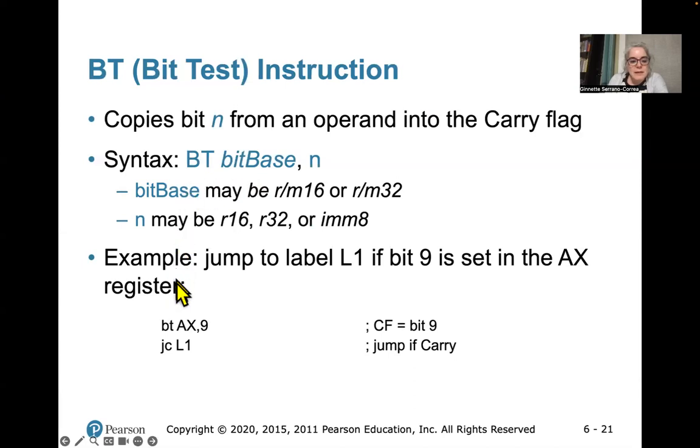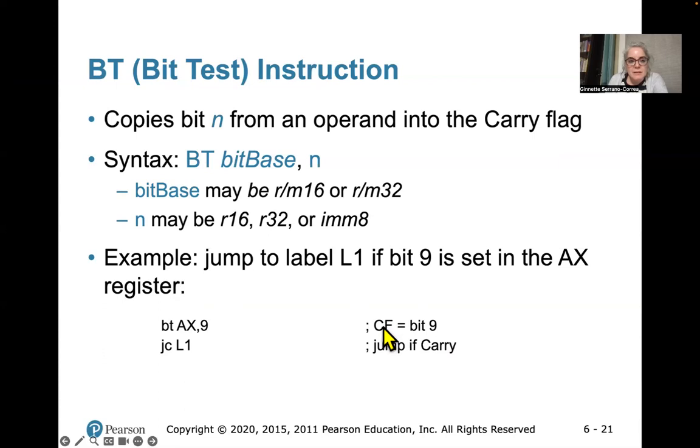So for example, if you say BT AX, 9, it's going to look at AX, at bit 9. Whatever is in bit 9 is going to get copied to the carry flag.